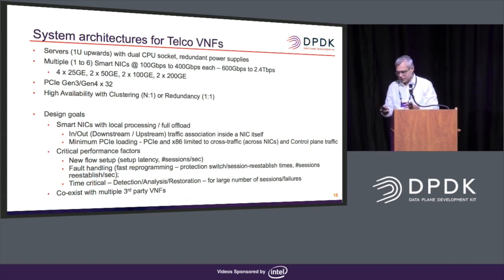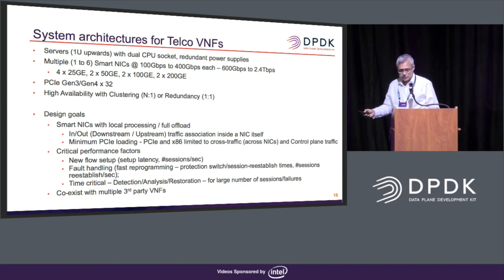So one that the speaker pointed out was the full offload. The reason a full offload is preferred is that when we are looking at this kind of bandwidth, we are talking about 100 Gbps per smart NIC at a minimum, maybe going up to 400 Gbps per smart NIC.